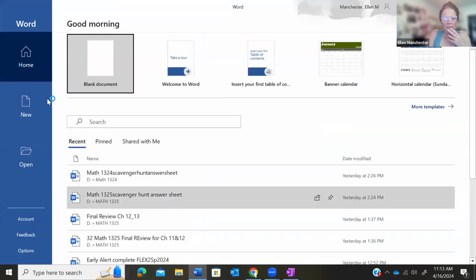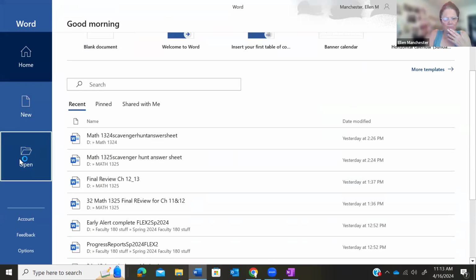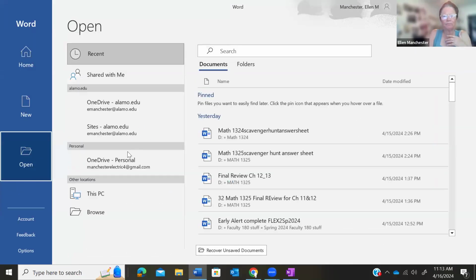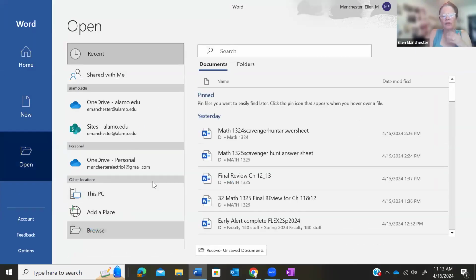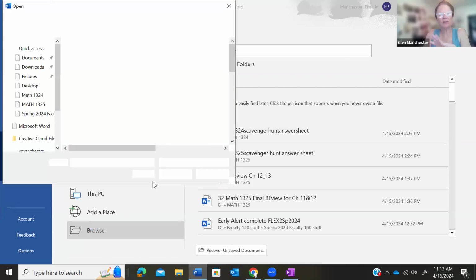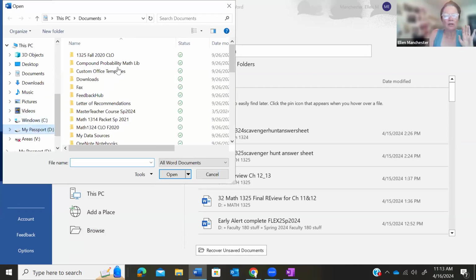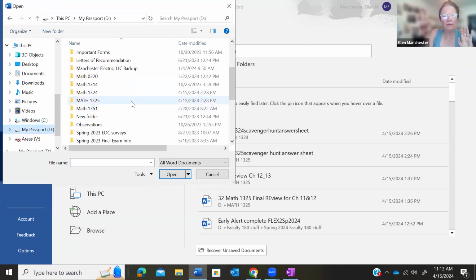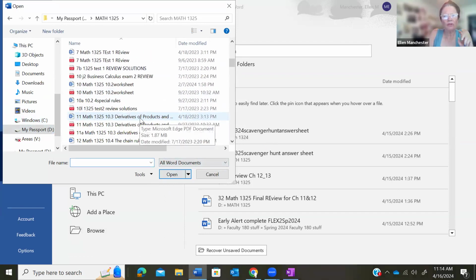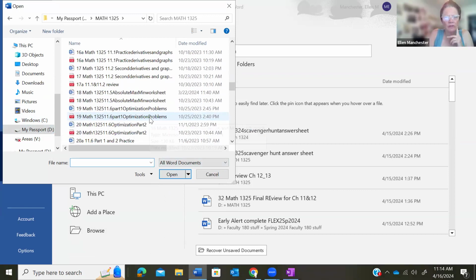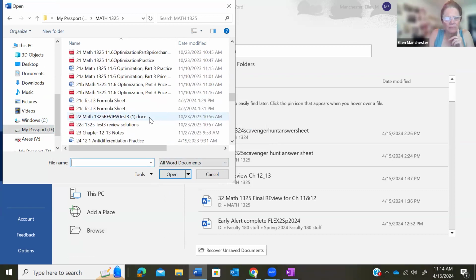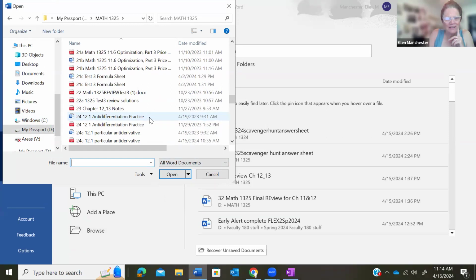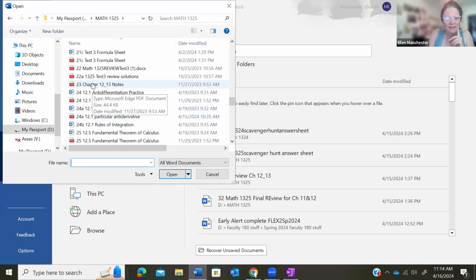Let's see if I can find it real quick. This is kind of the overall general picture of what antiderivatives are, and I wanted to show it to you. I've got to find it. Is this it? I think this is it.